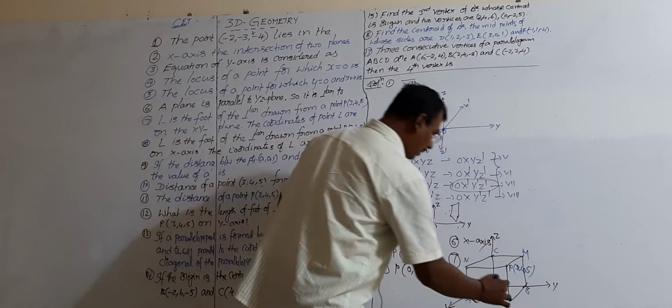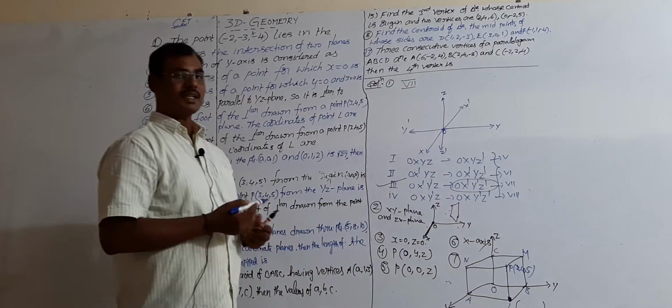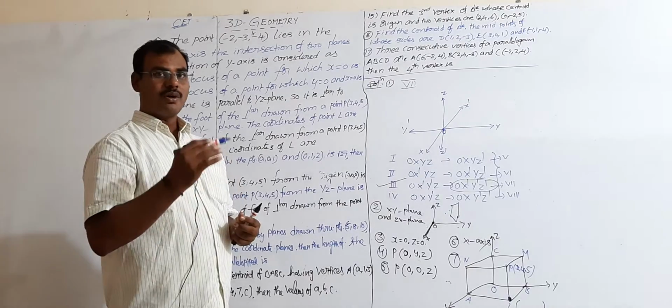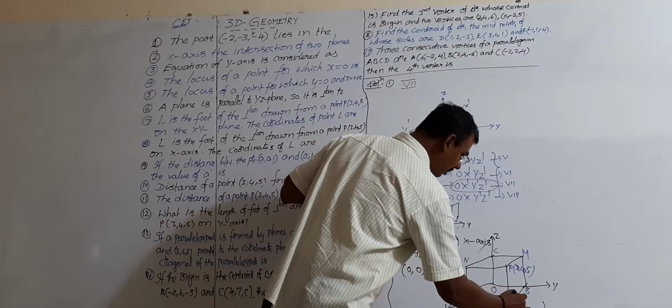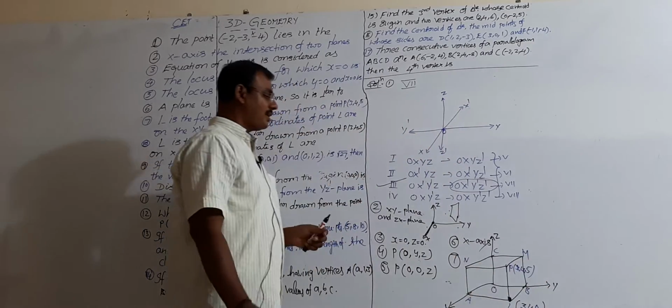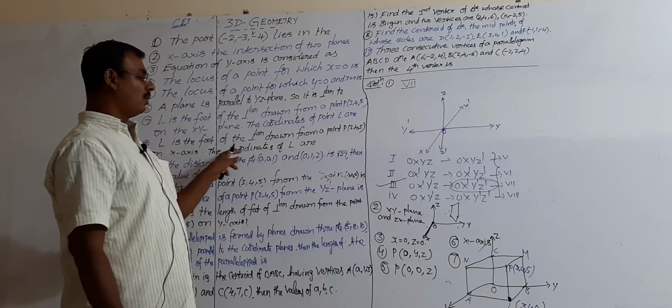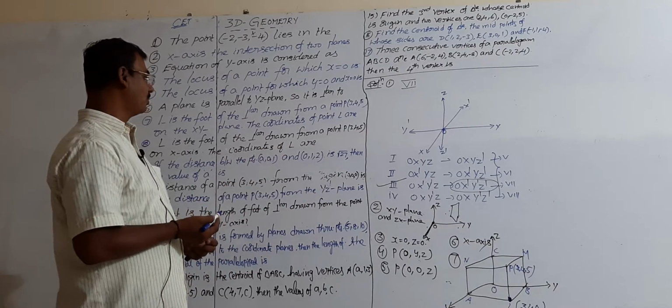In the XY plane, which coordinate is 0? The Z coordinate. So the point in the xy plane is (3, 4, 0). Hence, the coordinates of L are (3, 4, 0).